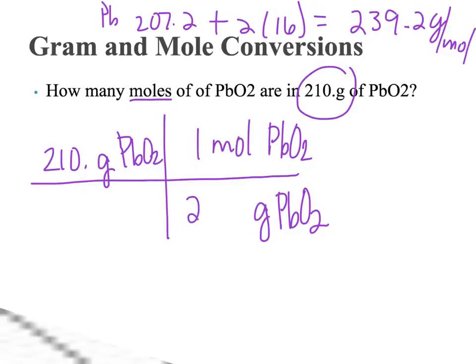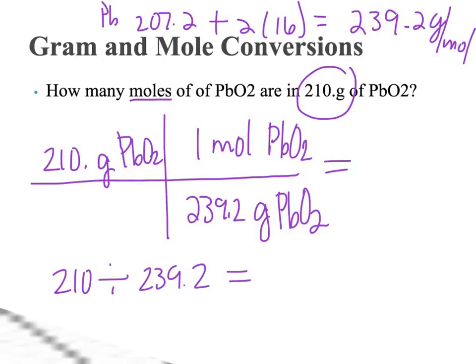So the 239.2 goes on the bottom, and now we have a number on the top, a number on the bottom, so that means we need to divide. So we would take 210 divided by the 239.2, and when we do that, we should get 0.878 moles of lead oxide.